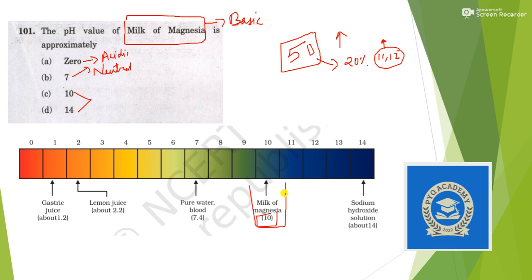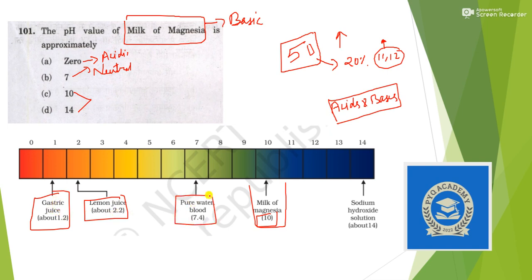This is the image I took from the chapter acids and bases, I think it is chapter 2 of class 10 NCERT science. So you can see the benefit of reading or observing the NCERT. Other than this, you have to remember the pH values of all these, like gastric juice, lemon juice, pure water and sodium hydroxide.